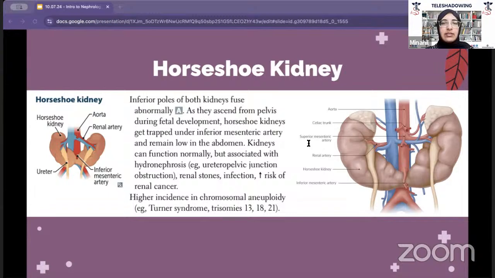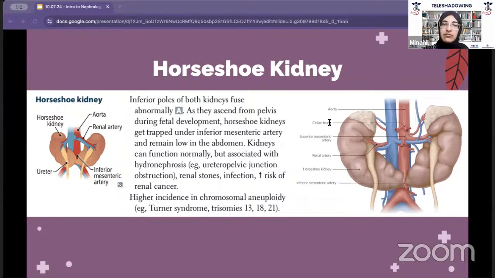In typical development, the kidneys form separately, on either side of the spine, and then they ascend to their position in the upper abdomen during fetal development. However, in the case of horseshoe kidneys, the two kidneys are fused together at their lower poles, here, and they form a shape that's similar to a horseshoe, right? So that's hence the name horseshoe kidney.